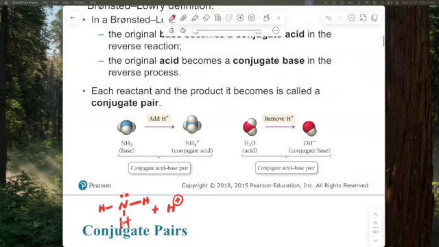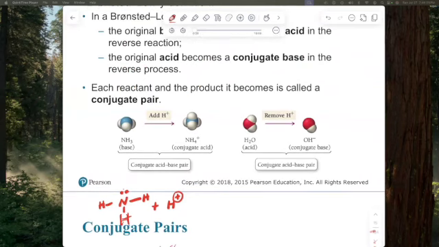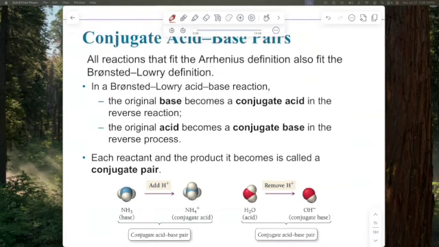Okay, so before we get into actually looking at the chemical reaction, here we're looking at identifying what is relatively the acid, and then what's the conjugate base, and then vice versa. Okay, so all reactions that fit the Arrhenius definition also fit the Bronsted-Lowry definition.